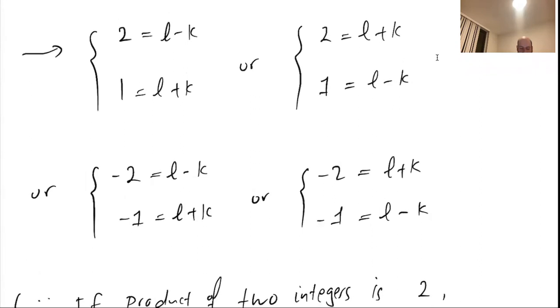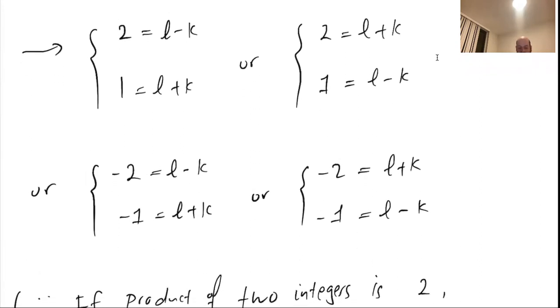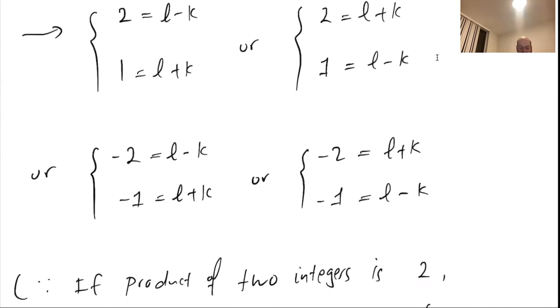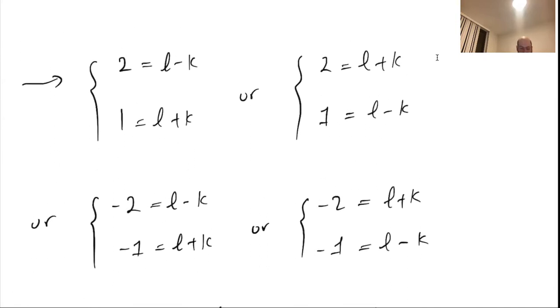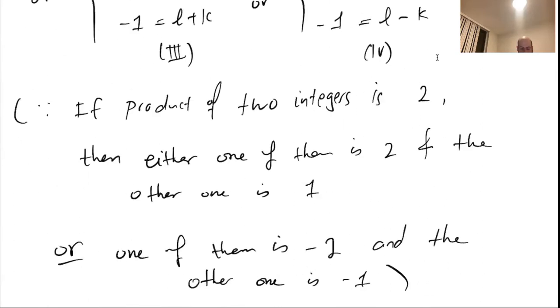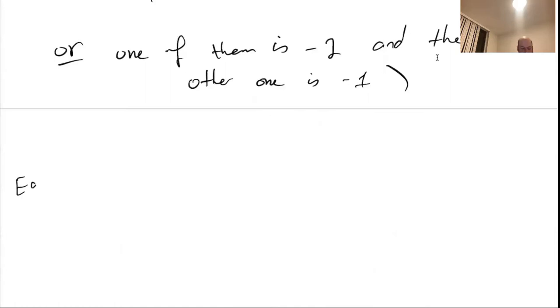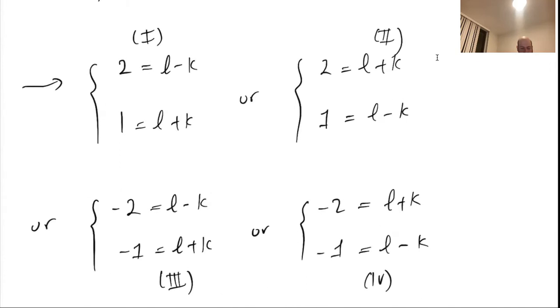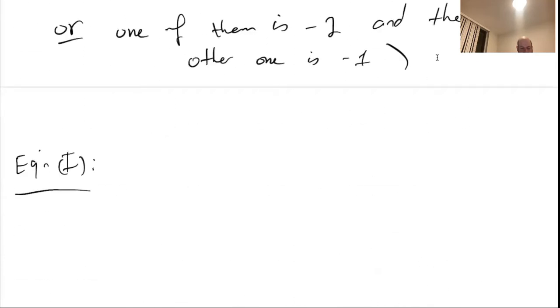Now we can easily check that none of these four equations has any solution in the set of integers. So let's call these equation 1, equation 2, equation 3, equation 4. Let's look at equation 1 now. If I add both equations, then 2 plus 1 is 3, so 3 will be equal to 2L.